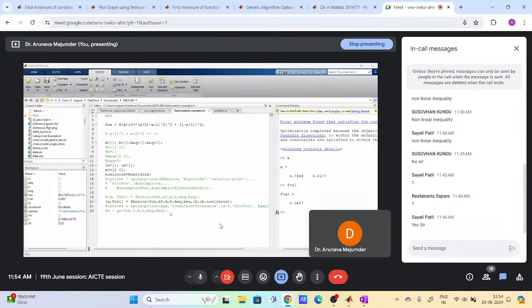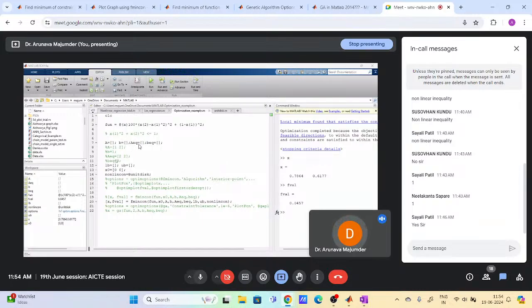Sir, can you please explain why the AEQ values are 0? AEQ and BEQ are the linear equality, and capital A represents linear inequality.